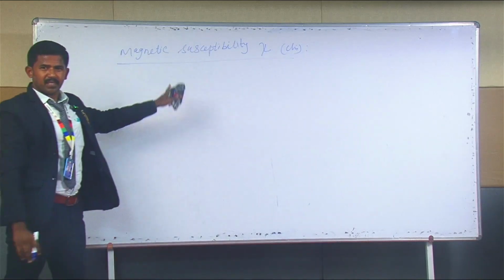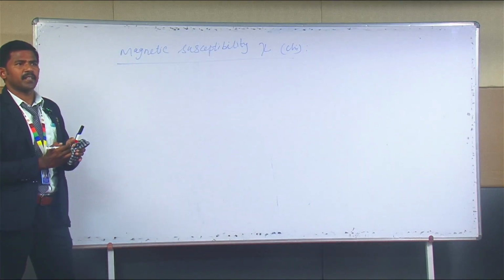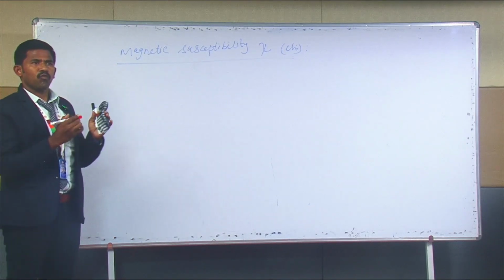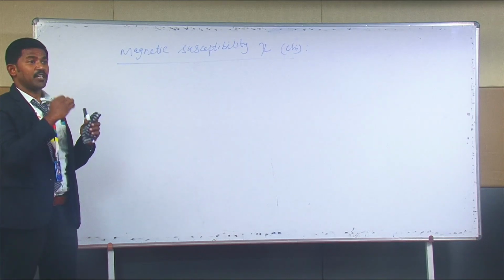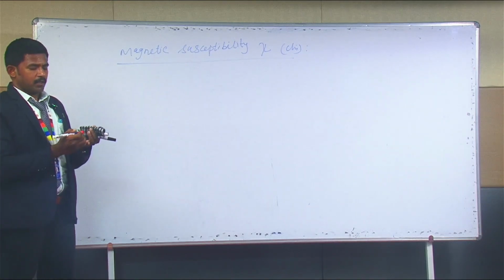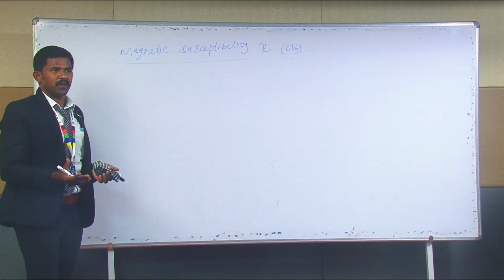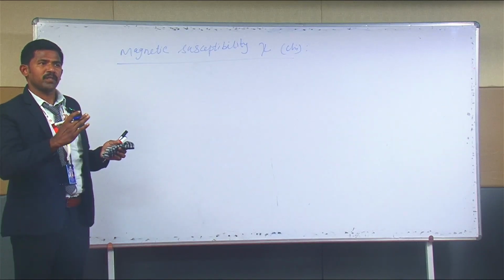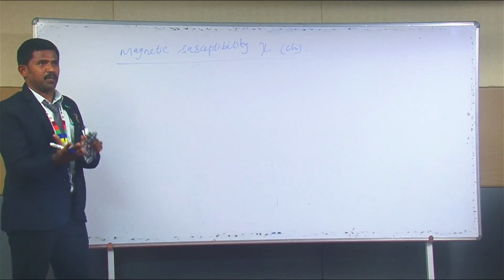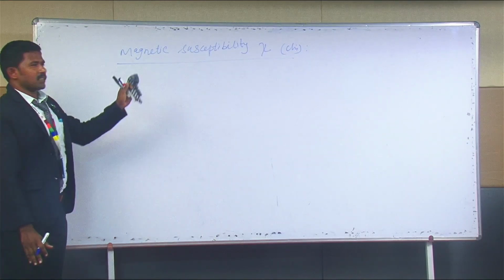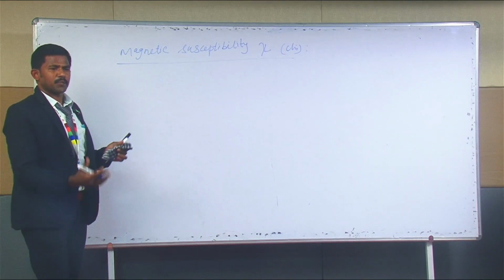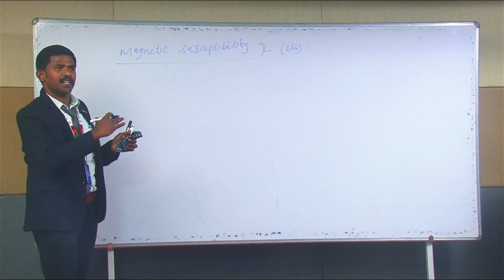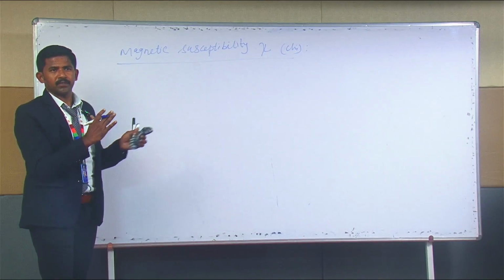So what is susceptibility? Susceptibility means how well something is influenced. For example, those with low immunity are easily susceptible to catching diseases. Magnetic susceptibility means how easily the spins align with respect to a magnetic field.